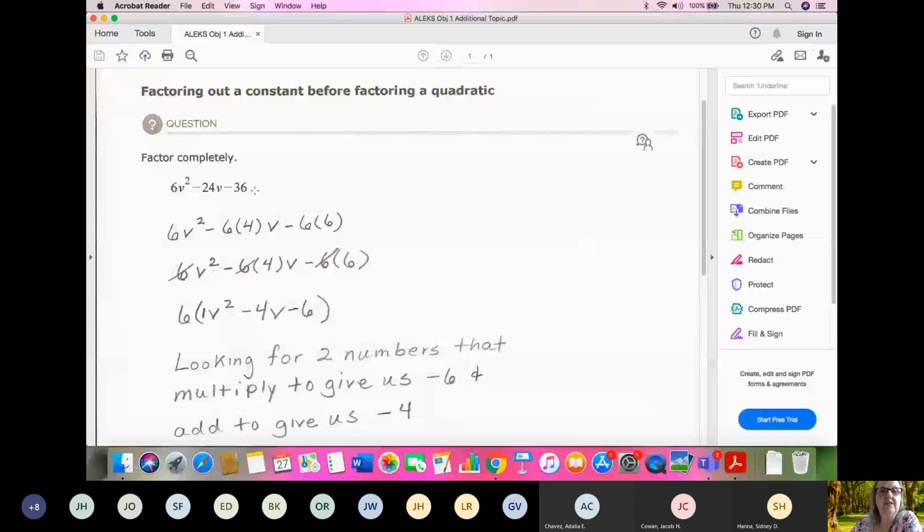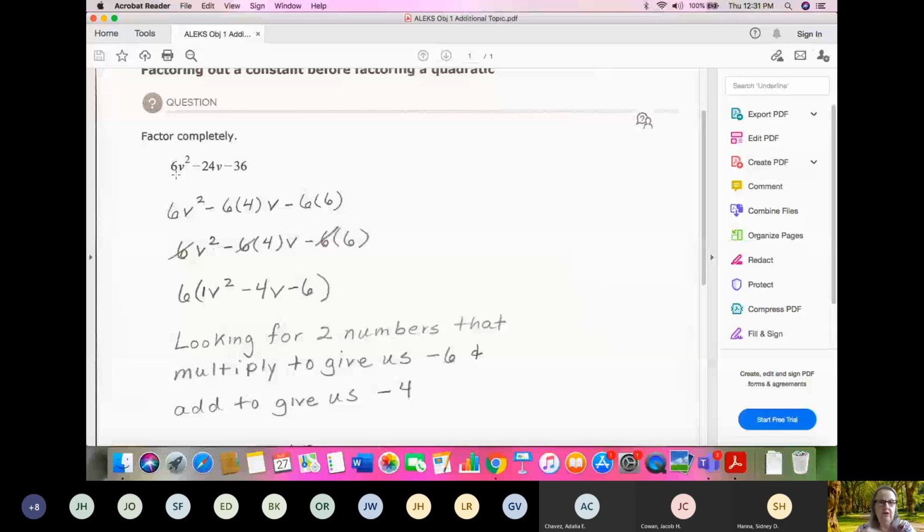I'm looking at the 6, and I would like to factor that completely out front. So the question is, can we write 24 as 6 times something? In other words, is 24 divisible by 6? If I take my calculator and go 24 divided by 6, I get a 4.